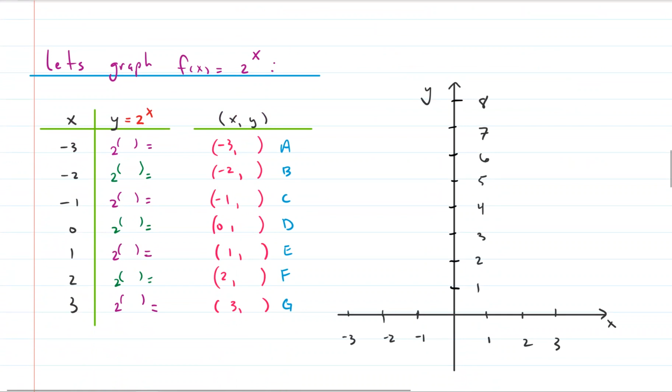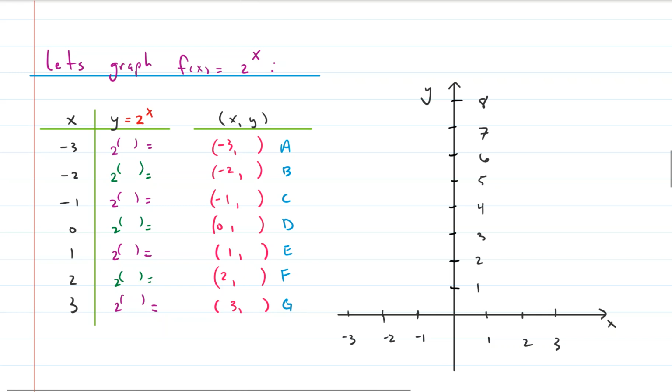How about graphing? Let's take the exponential function 2 to the x, and let's discuss how we would graph it. Well, of course, you could just plug it into Desmos.com or your graphing calculator. But what if we want to just have an XY chart and then just kind of plot the points and connect the dots? Well, we can do that.